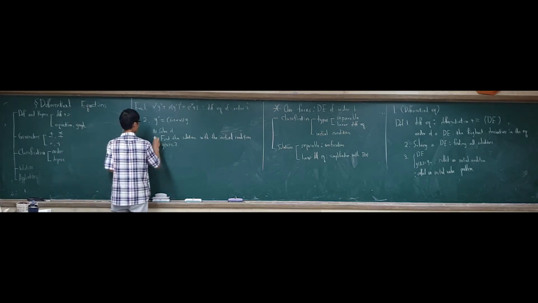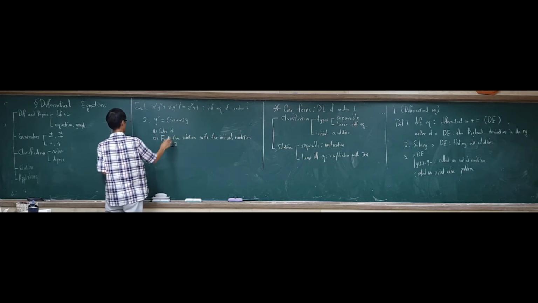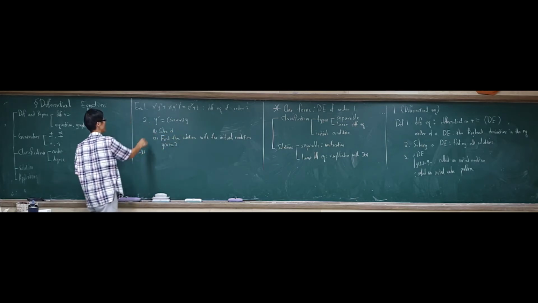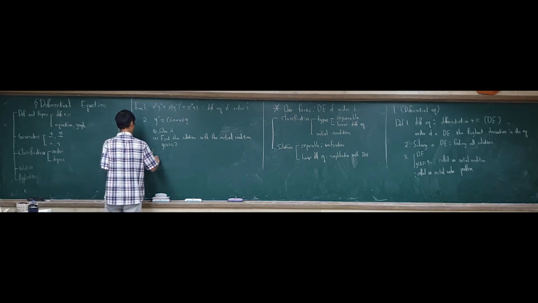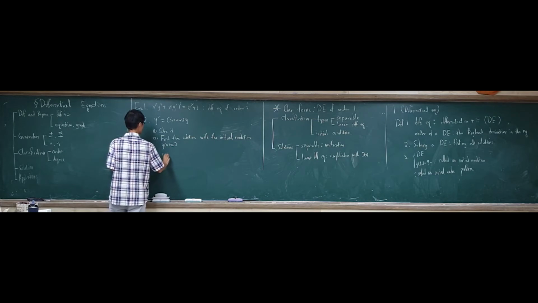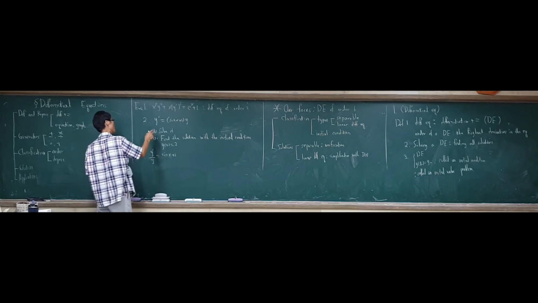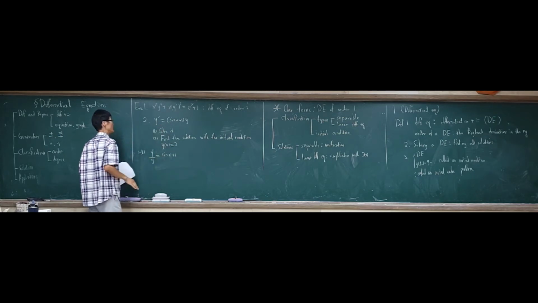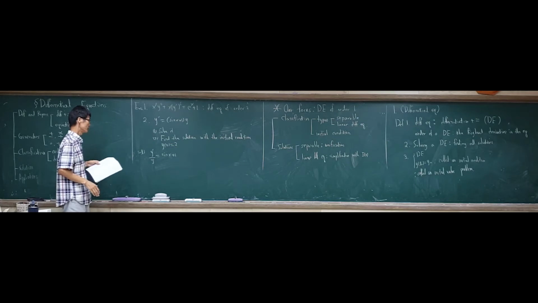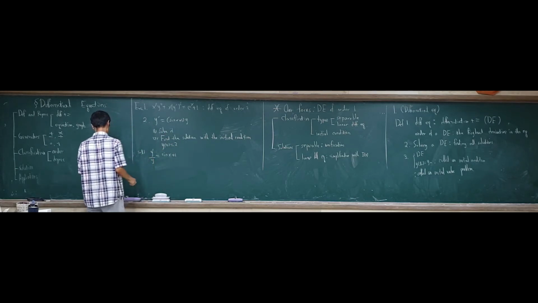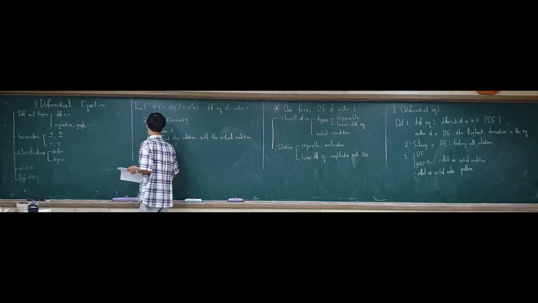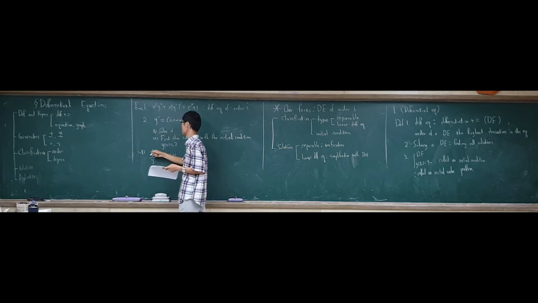Since y prime is equal to (sine x plus 1) multiplied by y, by dividing both sides by y, we have y prime over y is equal to sine x plus 1. Why do we divide both sides by y? You will know the reason later.